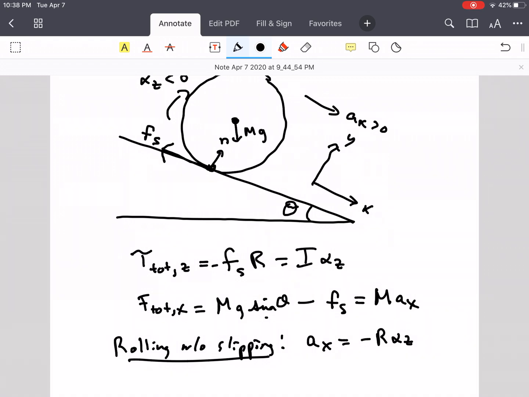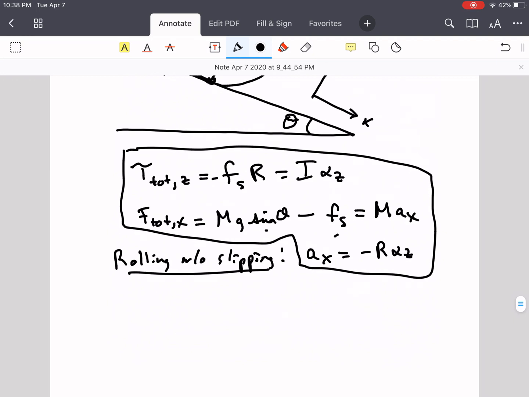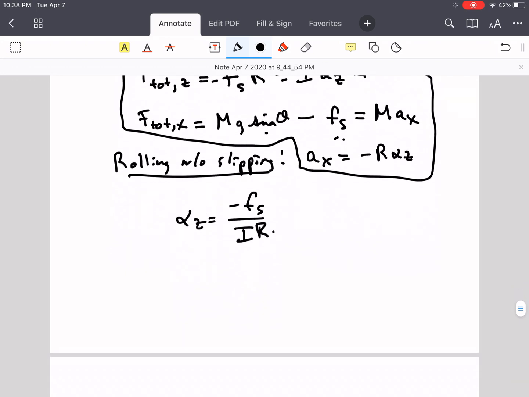All right, so here we go. 3 equations, 3 variables, and now we just need to do a little bit of algebra. So the algebra we're going to do is to solve for the force of static friction, and I'm going to do that in 2 simple pieces. First, I will solve the torque equation for alpha. So alpha z is equal to negative Fs divided by I times r. And then we're going to plug that into this second equation.